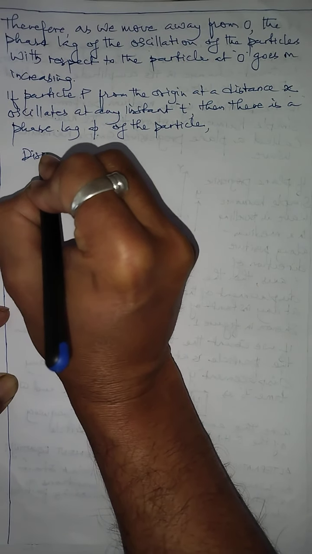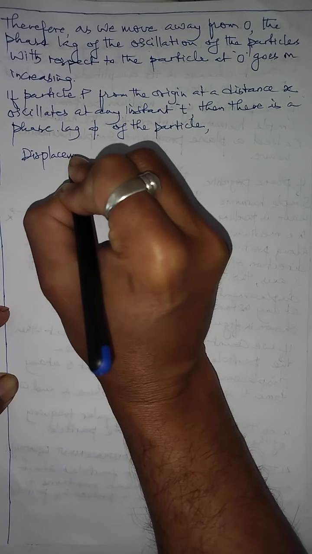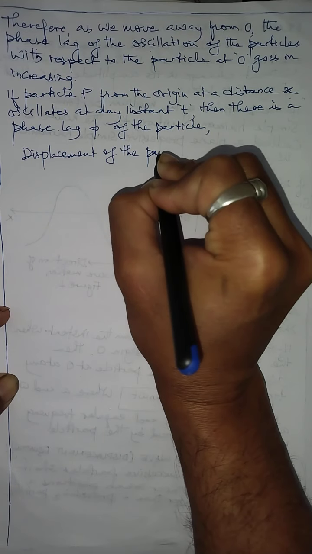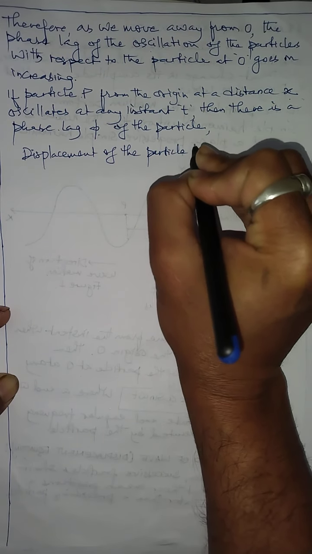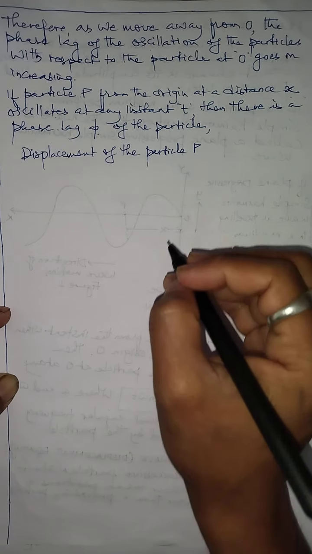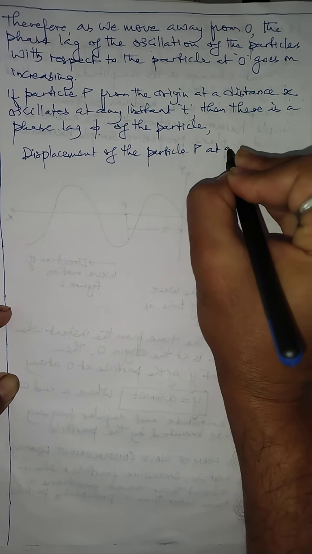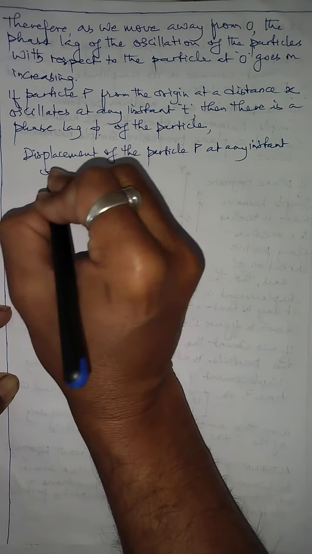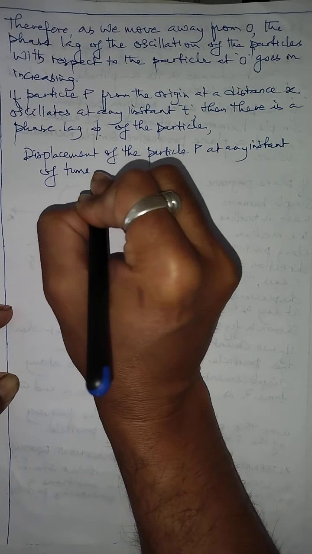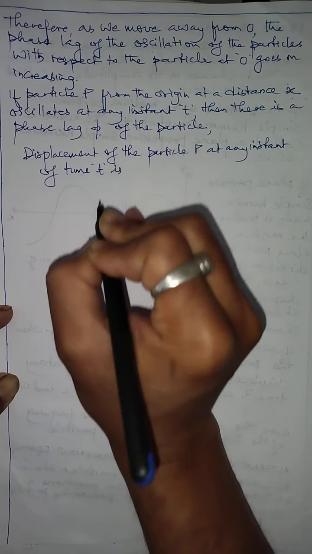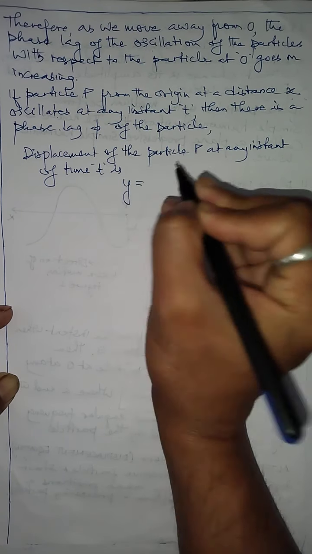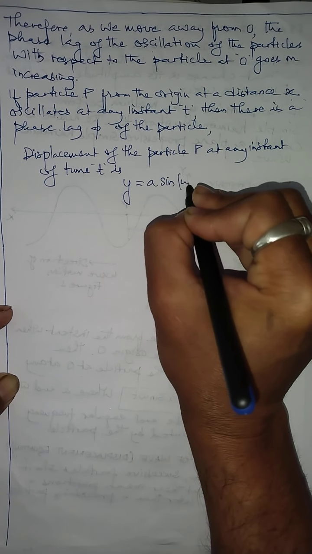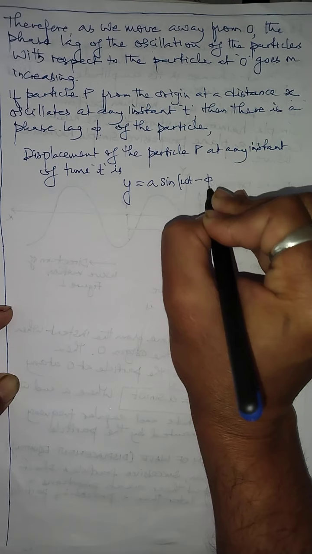I write down therefore the displacement of the particle P at any instant of time t is given by y, in the similar manner, y equals a sin(omega t minus phi).